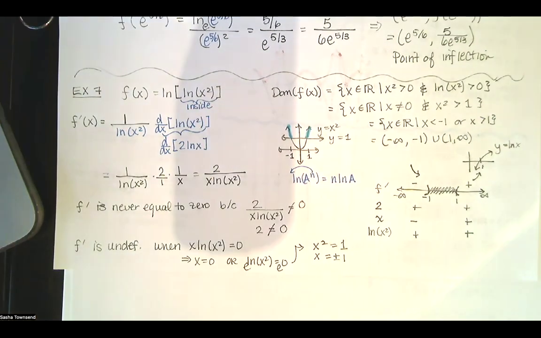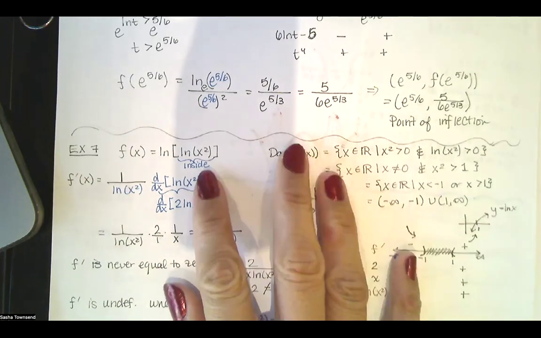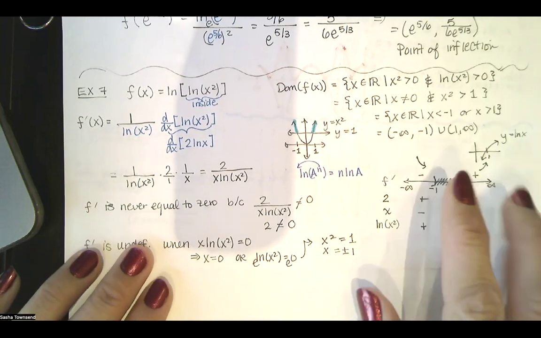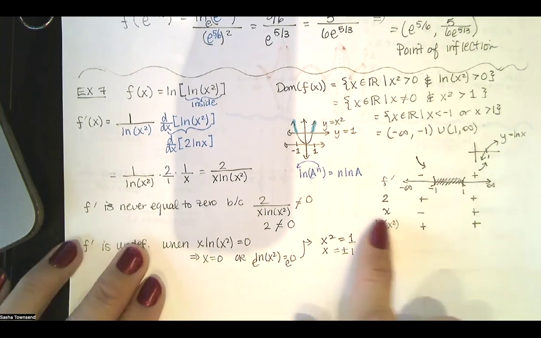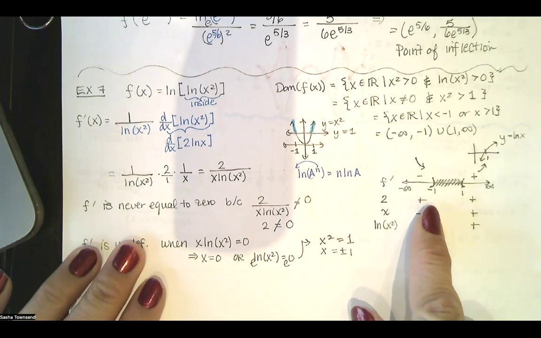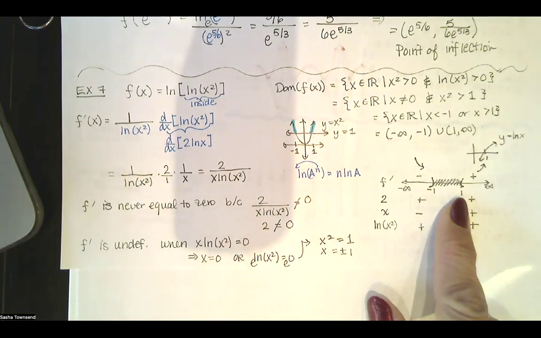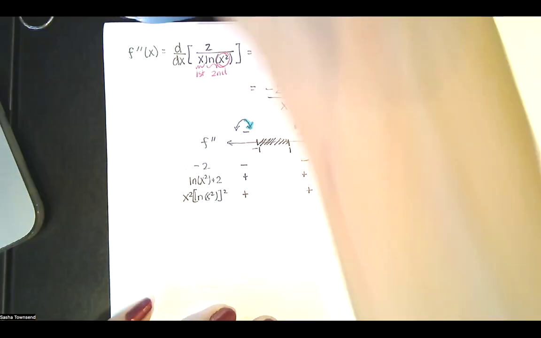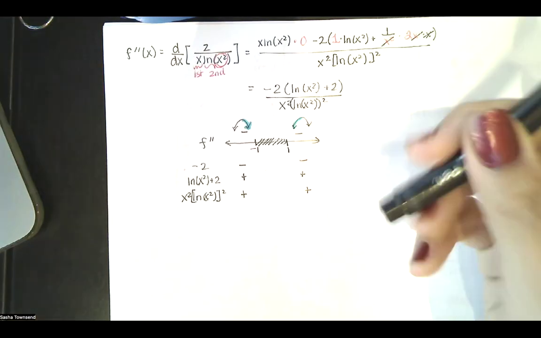I would just expect two branches that have the sort of right behavior. I'm not actually sure, but I know I should have vertical asymptotes at -1 and 1. So I'm trying to infer what the graph would look like. I don't really know.